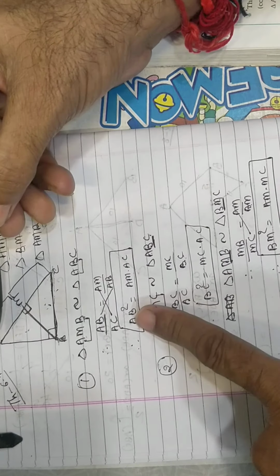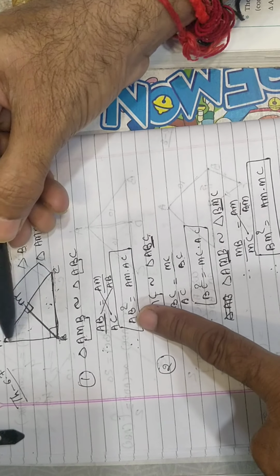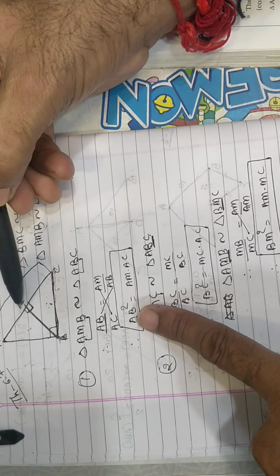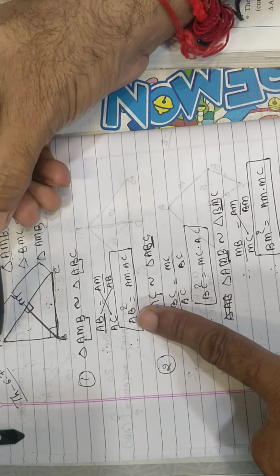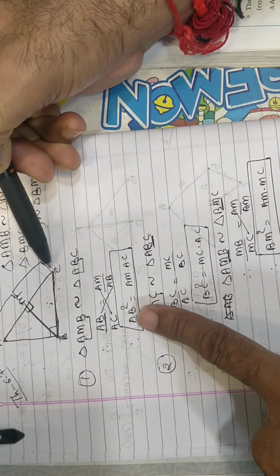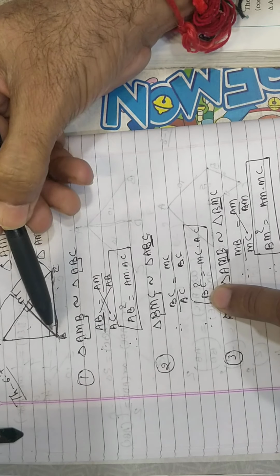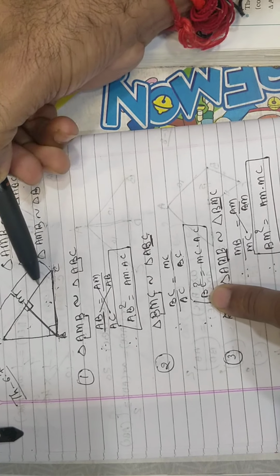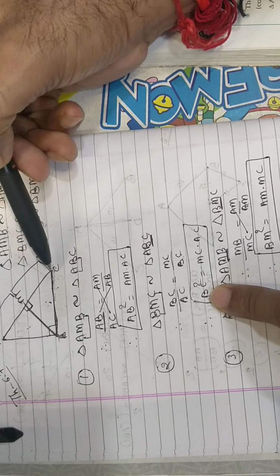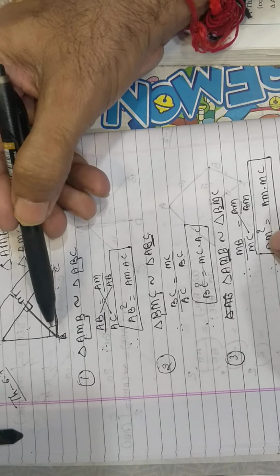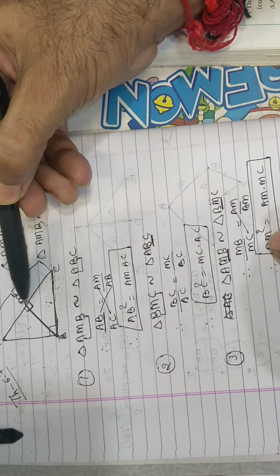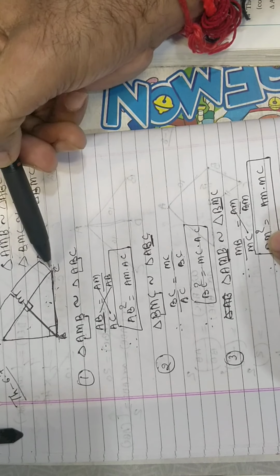First formula is AB square is equal to AM into AC. Second formula, BC square is equal to CM into AC. Third formula, BM square is equal to AM into MC.